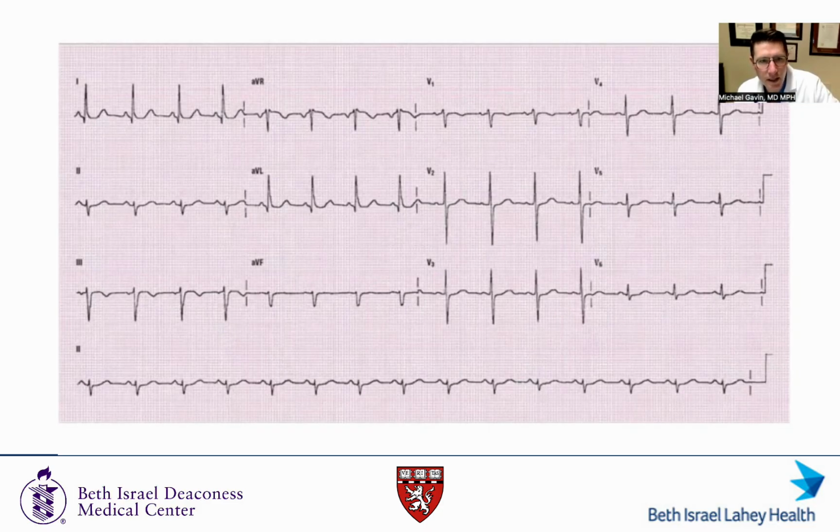There are other things, though, that cause left axis deviation. Often that's left ventricular hypertrophy, so you're looking at the voltage in aVL. And the voltage in aVL here is pretty close to meeting criteria for LVH, so you'll see on many EKGs a call of both left ventricular hypertrophy and left anterior hemiblock.